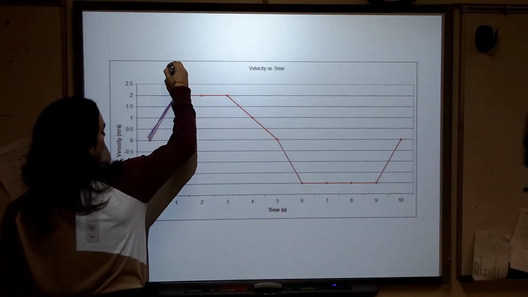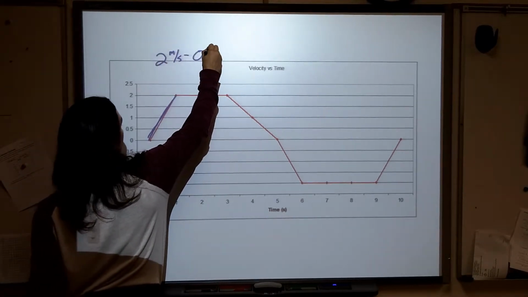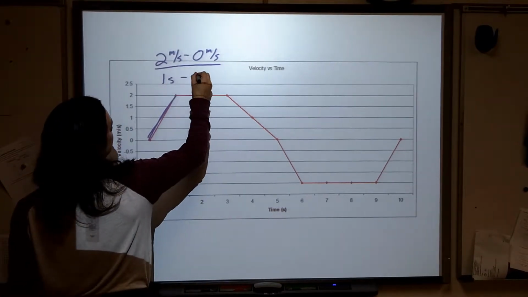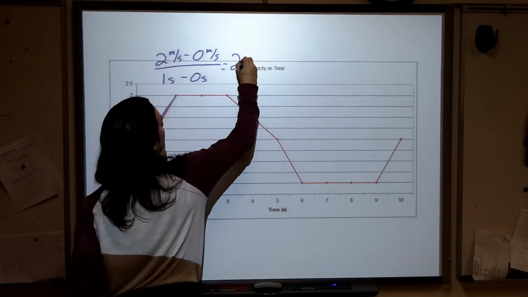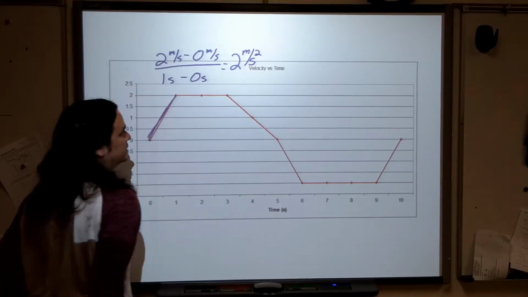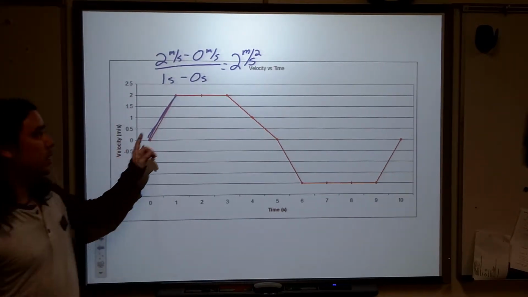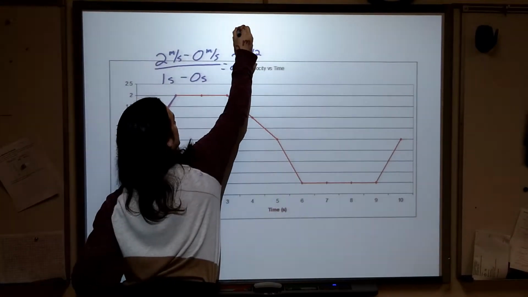So if I do my rise over run, then we would have 2 meters per second minus 0 meters per second divided by 1 second minus 0 seconds. We end up with 2 meters per second divided by second, which is the same thing as meters per second squared. That's actually our acceleration. The slope of a velocity versus time graph will give you the acceleration.